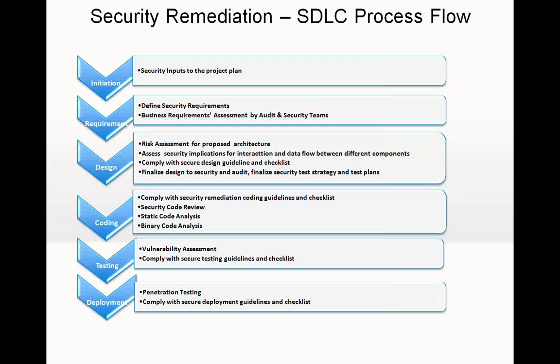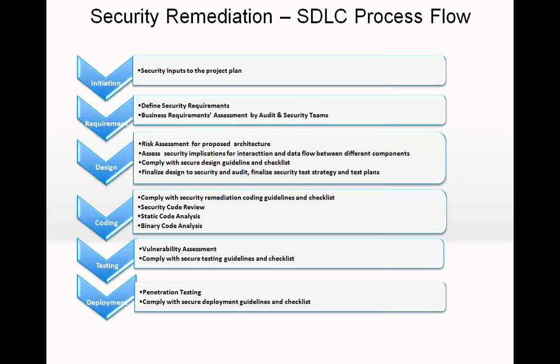Once the requirements have been defined, we go to the next phase. Then we'll see what the typical architecture is and what the risks are for that architecture. Then we go ahead with defining the security implementations for the interactions and data flows between different components.